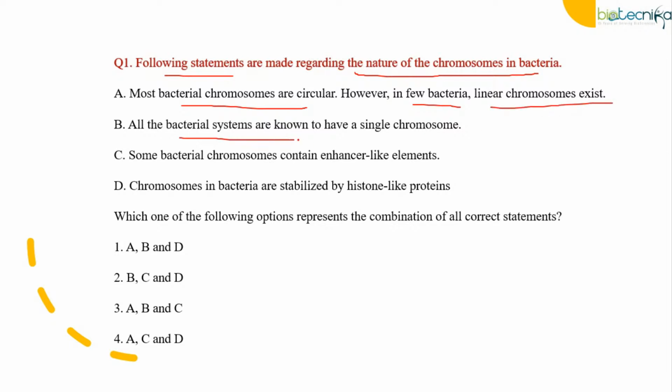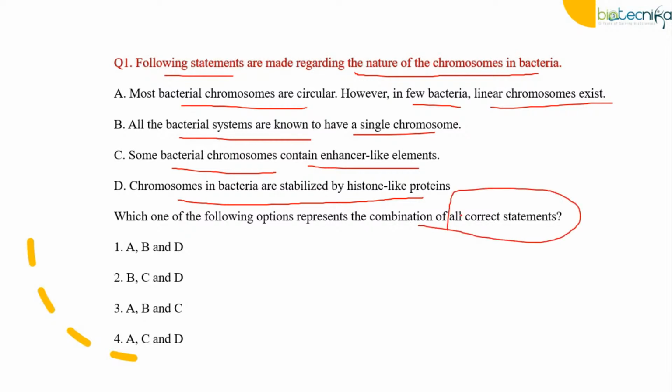All the bacterial systems are known to have a single chromosome. Some bacterial chromosomes contain enhancer-like elements. Chromosomes in bacteria are stabilized by histone-like proteins. You have to identify the correct combination of statements from here.